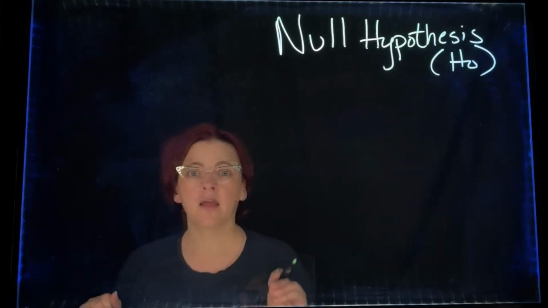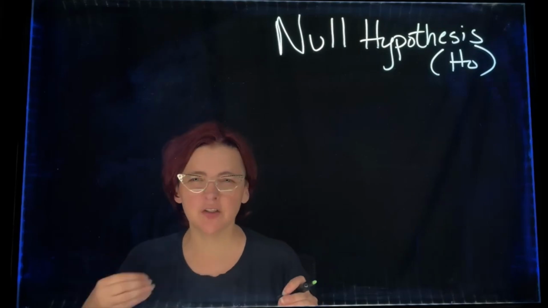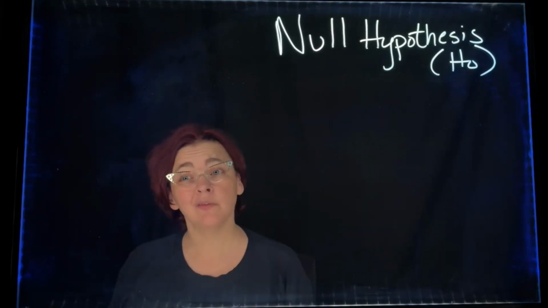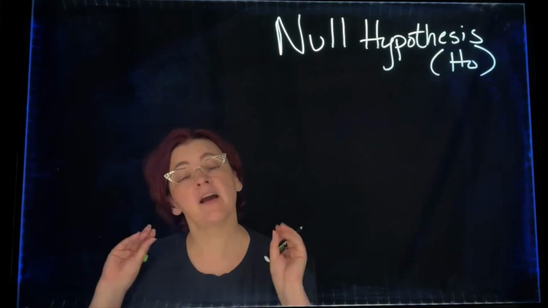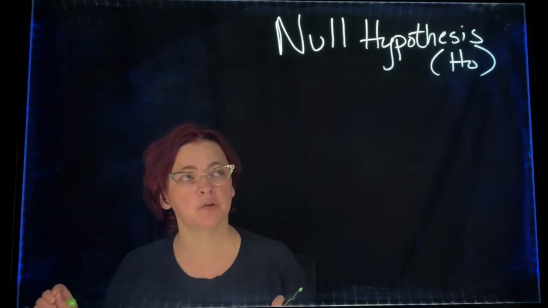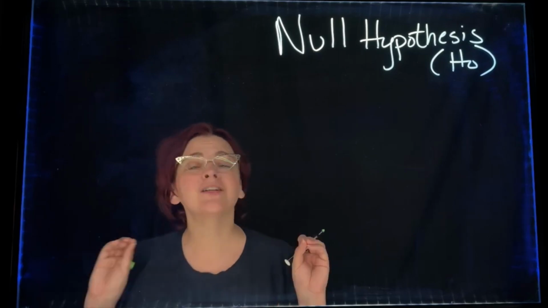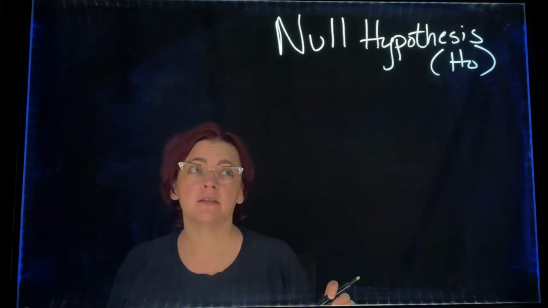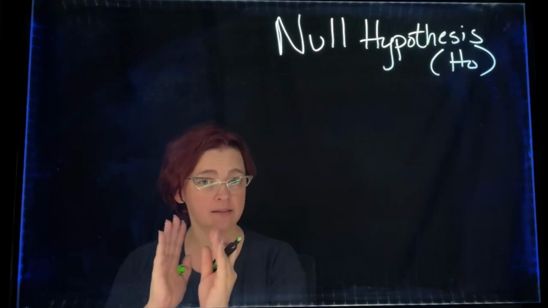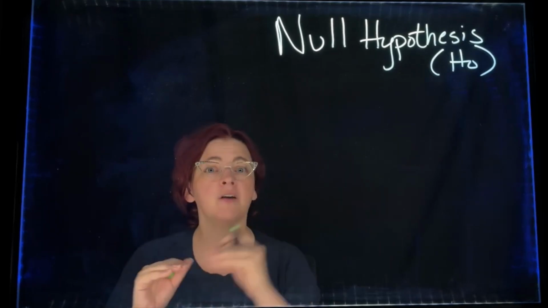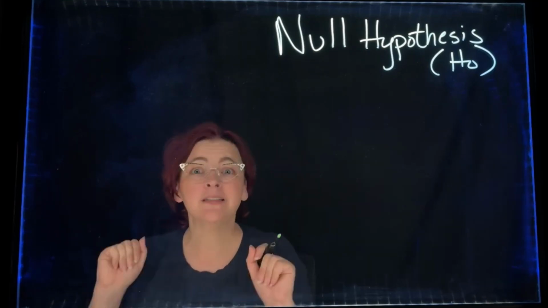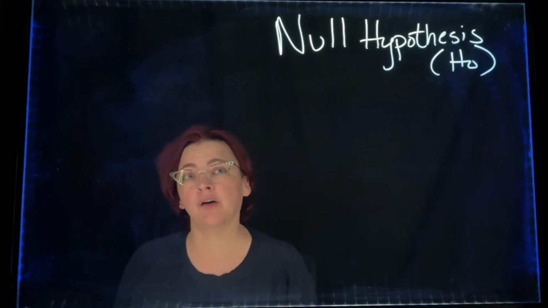If our test group is essentially the same as our control group, then we do not reject our null hypothesis. If there is a difference between the experimental group and the control group, then we reject our null hypothesis. If it's the same, then we do not reject.